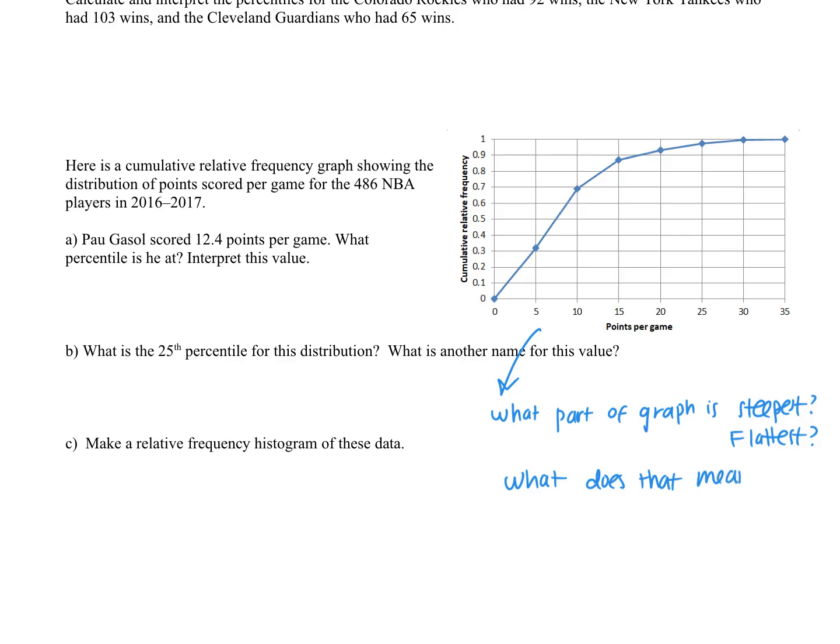So I'm not going to write this down, but I would suggest you write it down. If we talk about what part of the graph is the steepest, the context is points per game for 486 NBA players in 2016 to 17. Steepest would be like 0 to 5 or 5 to 10. What does that mean about points per game and these players?